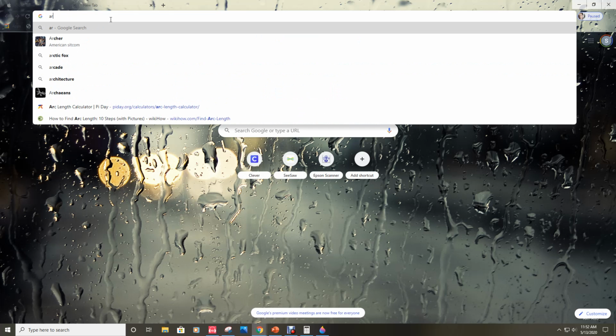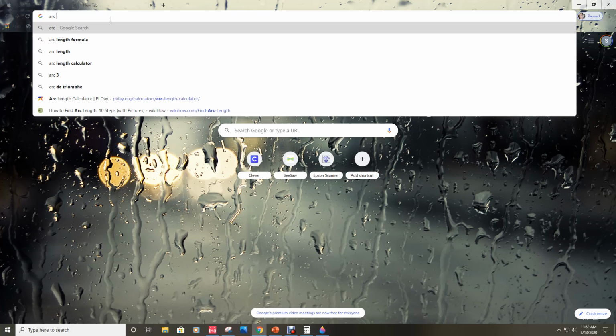This is also, just so you can see what I'm typing in here, the tutorial that I found that I thought was most useful. Arc length formula, arc length in degrees.